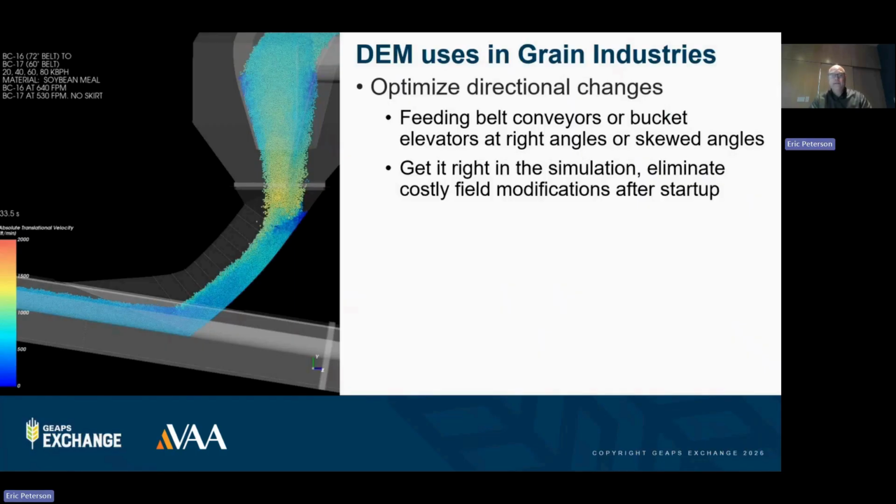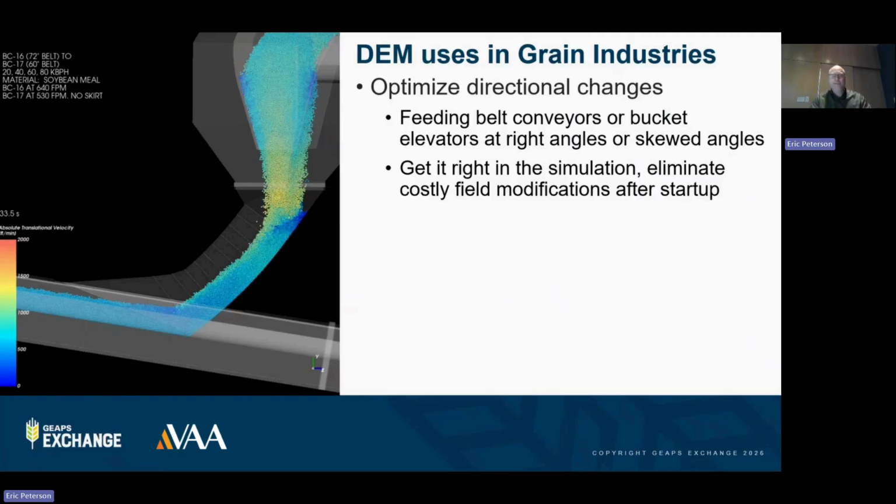conveyor. And to get those things right, a lot of times what happens is you start it up and it's causing belt tracking issues, and then you have to go in and maybe weld in some baffle plates after startup. It's hot work. That portion of the facility is shut down at the end of a project when an owner or operator is really desirous of having the facility running.